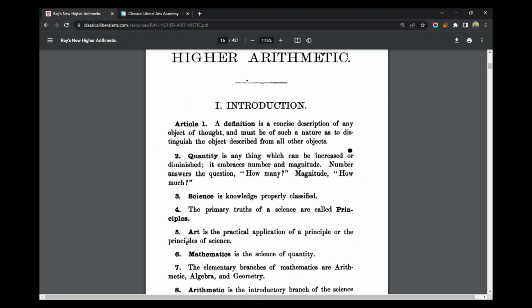Art is the practical application of a principle or the principles of science. And you should realize that science and art go together. Science is the knowledge of a subject properly classified. Art is the application of that science. Science is the classified knowledge. Art is the practical application or use of that science or knowledge.